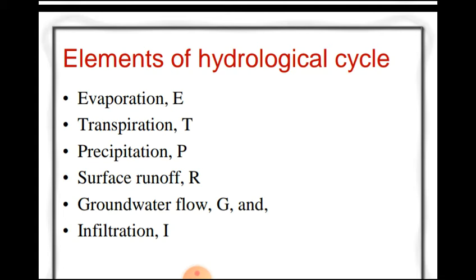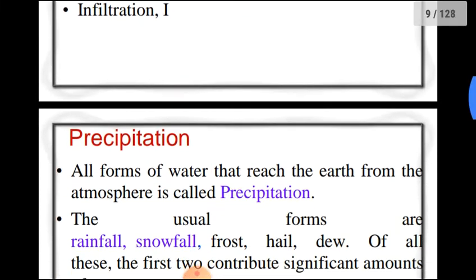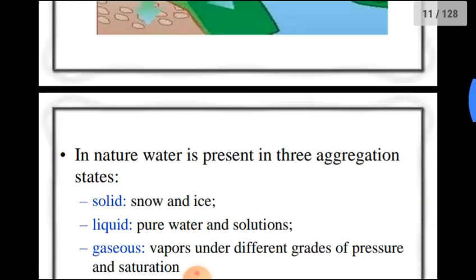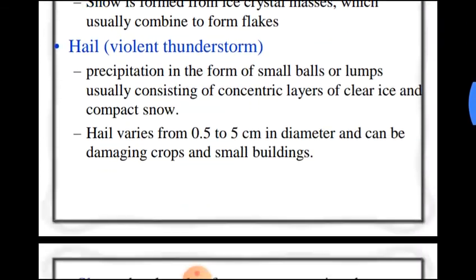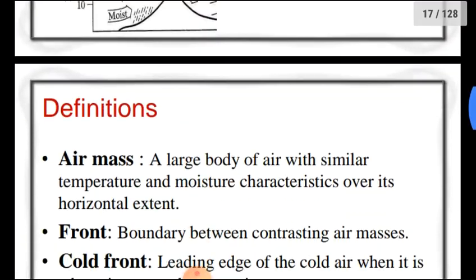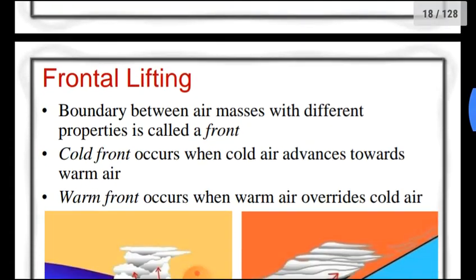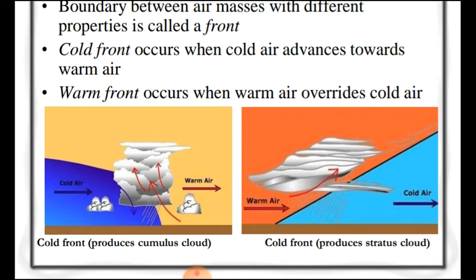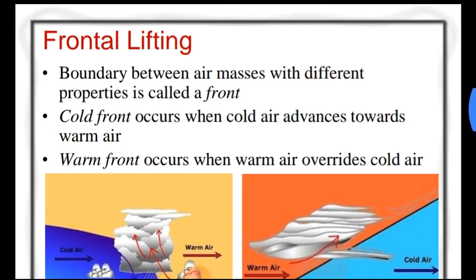When warm air meets cold air, the warm air tends to rise, and due to adiabatic cooling, the water vapor condenses. This is called frontal precipitation or frontal lifting.